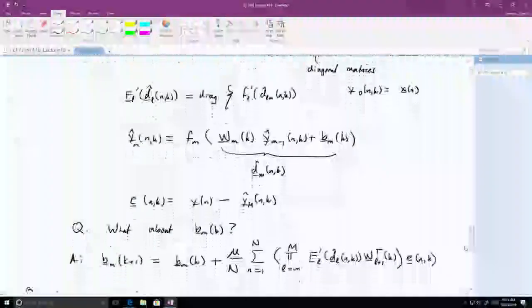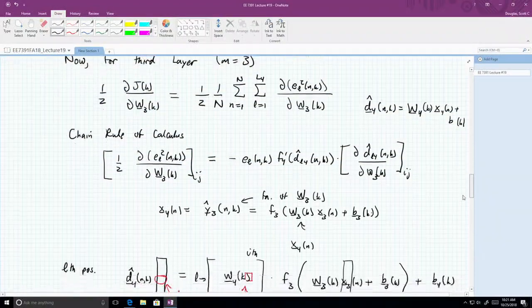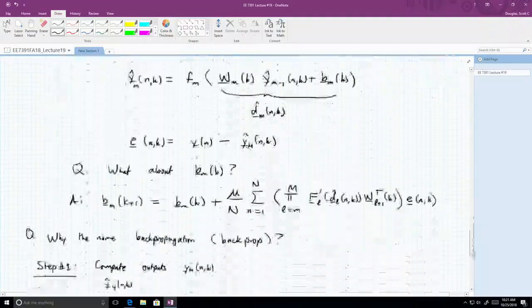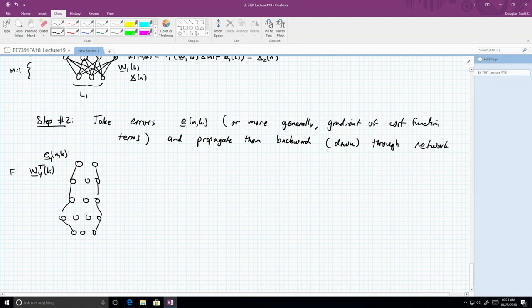If we're looking at the third layer, actually we multiply f4. So the way to think of it is we actually have an E4nk, which has some f prime 4 multiplying the E of k, right, E and k.